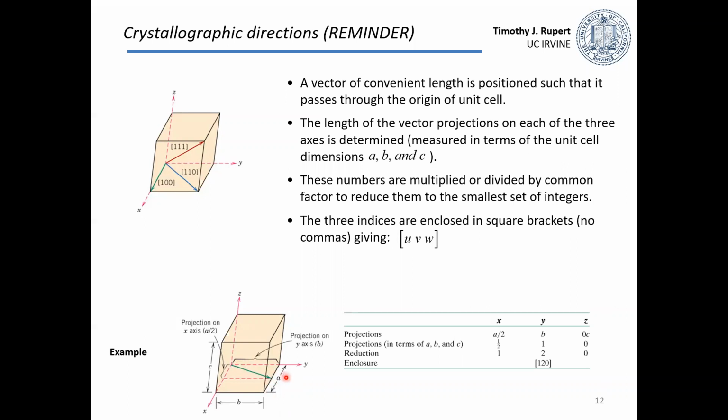So we can see that it moves 1/2 of the distance in X, 1 of the unit cell in Y, and has 0 movement in Z. So we'll have 1/2, 1, and 0. It's more common that you'll see this drawn, even though if I were saying where this point is, it's at 1/2, 1, 0. Usually when you talk about the direction, you want to say that it's 1, 2, 0. Okay? And then you put it inside of your square brackets if we're talking about a direction in this case.